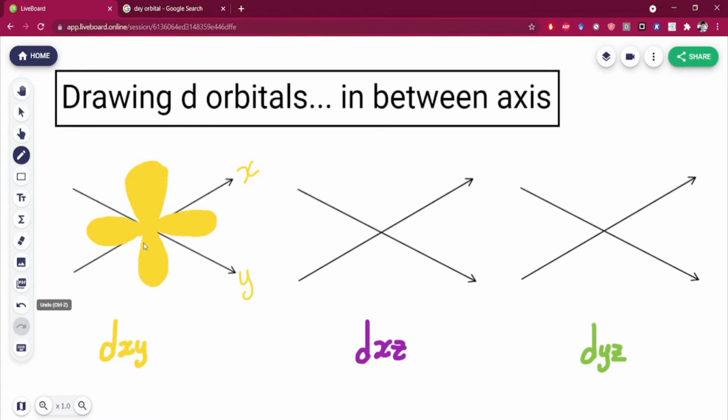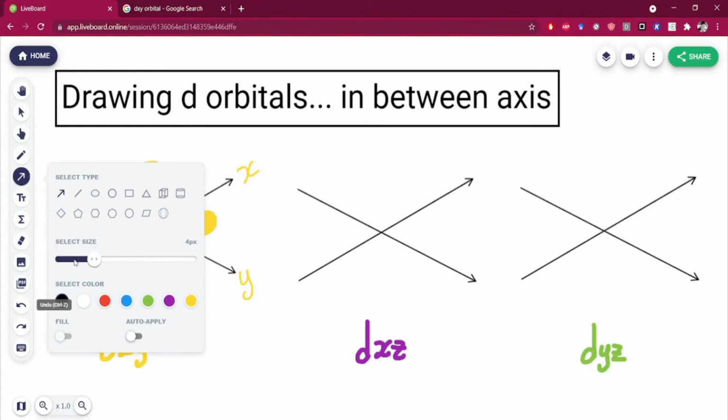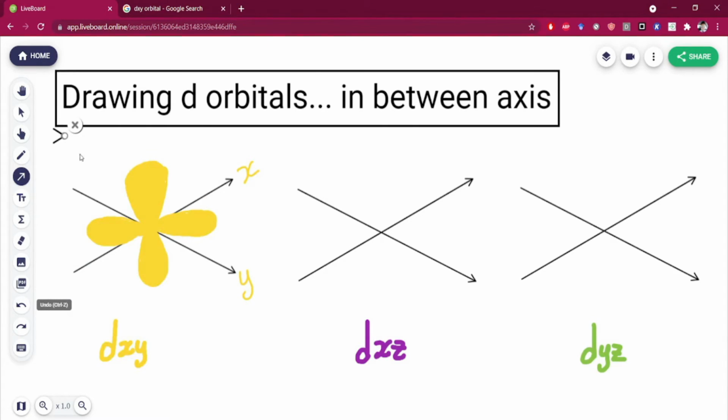This is a bit tricky when you get to the z-axis. So let's say you're going to make it slightly kind of like that.